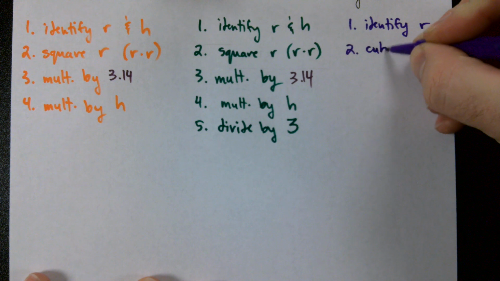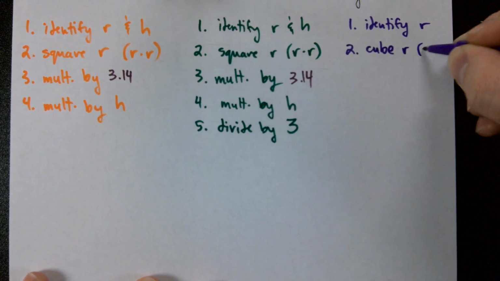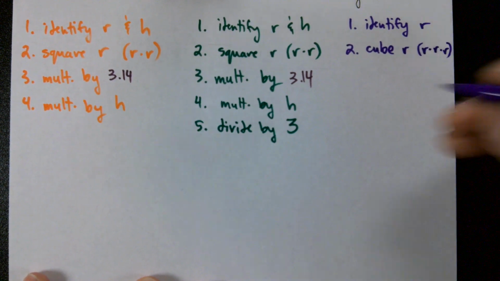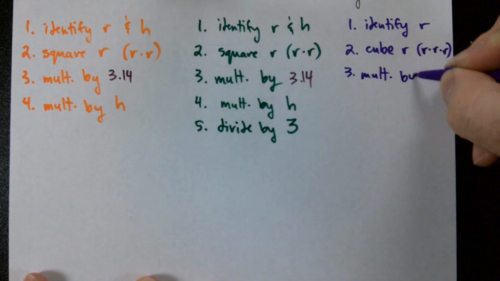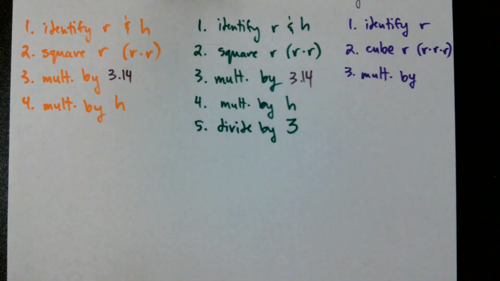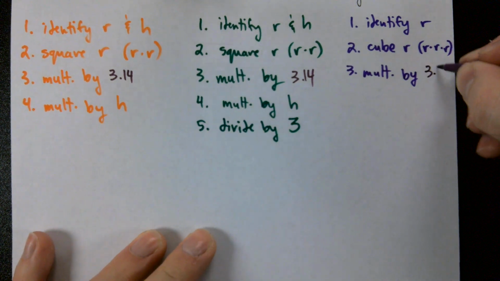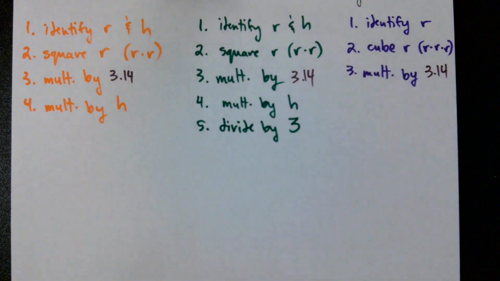Step 2 is we're not going to square R, we're going to cube R. R times R times R. But then we're still going to multiply by 3.14. So step 3 is the same across the board. Steps 1 and 3 are exactly the same across the board.